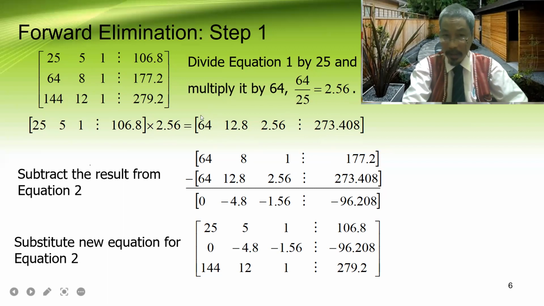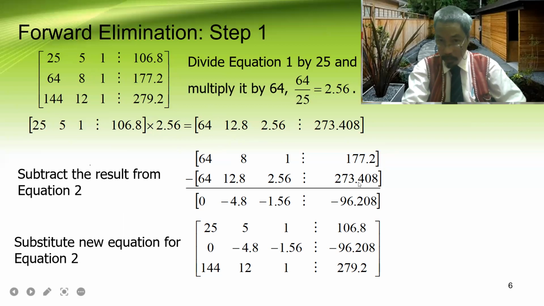That is necessary because we would like this equation 1 to be subtracted from equation 2. So look, equation 2: 64, 8, 1, and 177.2. This is equation 2. So equation 1, put it below that so that we can easily subtract.